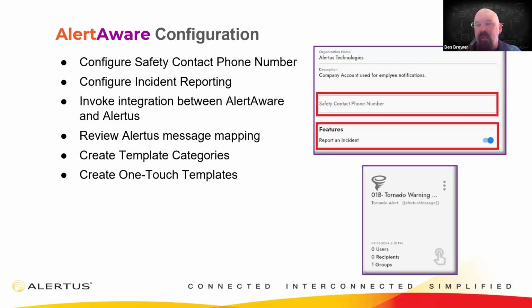I've got a 1A where AlertAware is initiating Alertus, and then I've got a 1B where Alertus is initiating AlertAware, and AlertAware is going to inherit the notification content directly from Alertus. In this particular instance, it's set up to target a group.